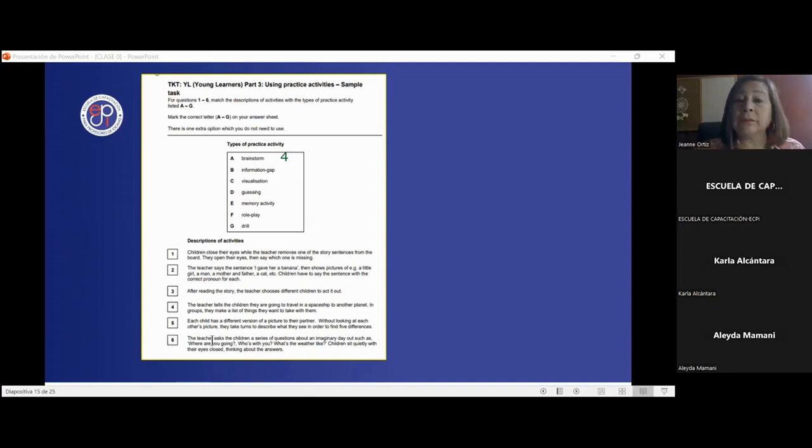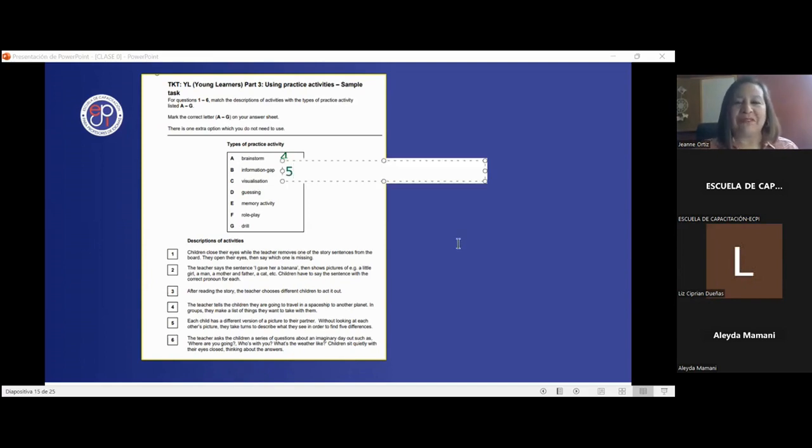No. Remember that when we have information gap, it means that it's kind of a communicative activity, and one student has to ask the other about information that I don't have. And it's kind of switching information. It's number 5, yes? Exactly. Number 5.